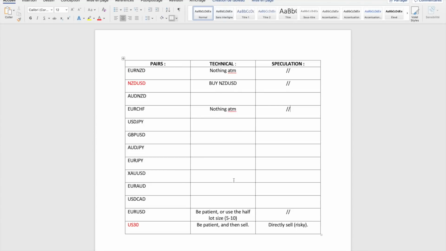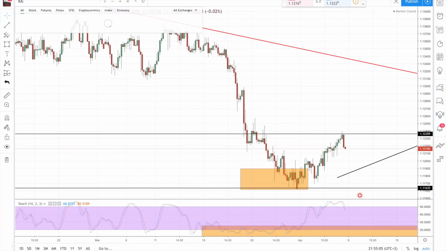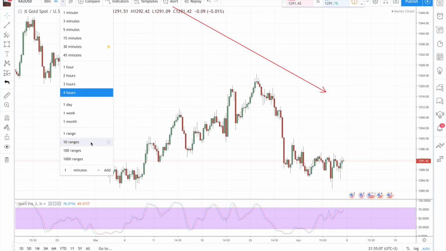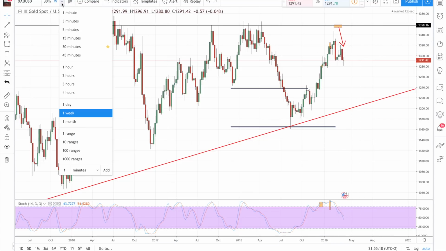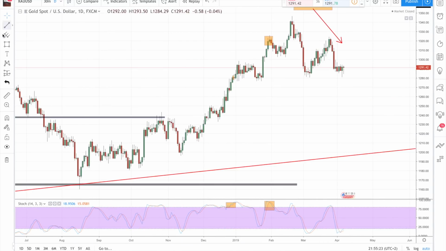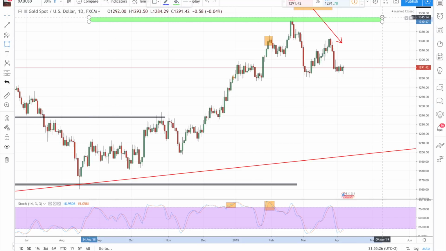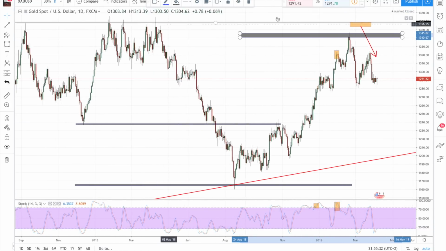Now regarding XAU/USD, this is also a pair that a lot of you are asking me to analyze. So the first thing is to go to the weekly chart. You can see that we have a kind of bullish trend. At the moment, it looks like there is nothing to trade. Let's go to the daily to check it out. Some of you would put their major resistance over here, which can be true, but if you zoom out, you can see that the real resistance is over here, and the reason why I put this is like a fake pivot point.